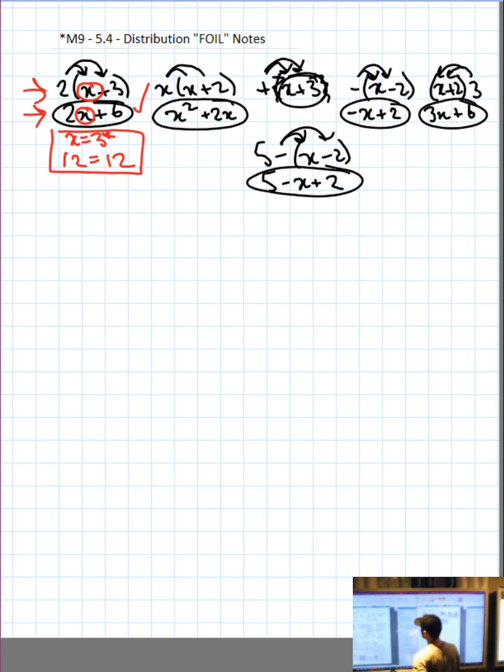Okay, expand and simplify. So let's take a look at x plus 2, x plus 3. And we're going to learn what's called the FOIL method. Rarely in math do I do acronyms, but only when they are so specific to exactly the method. So we're going to do it pretty.